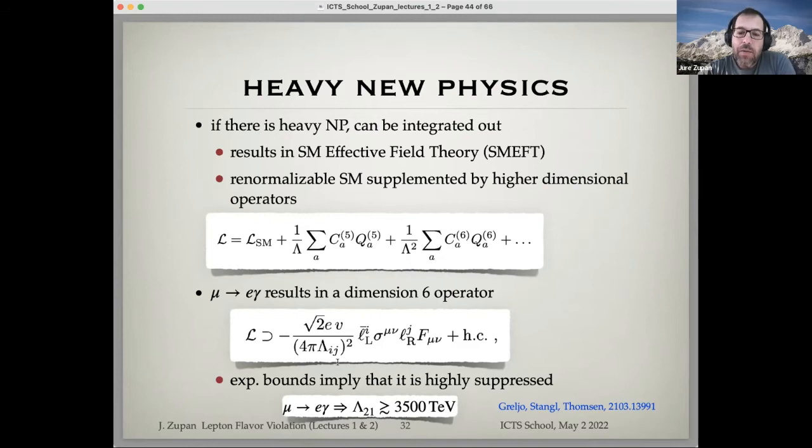Converting the experimental bounds from the previous slide, the bound on the mu to E gamma branching ratio gives lambda for the mu to E flavour indices. The scale suppression here is about 3,500 TeV. So a huge suppression. So we probe very high scales if we have order 1 couplings of new physics to the standard model with this loop factor included.